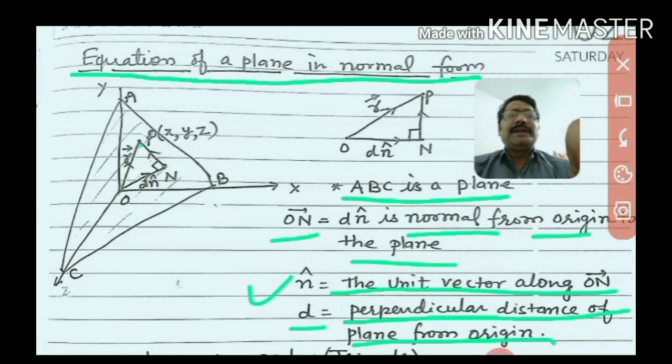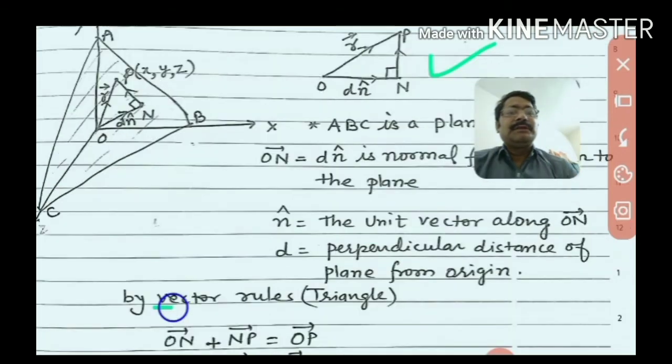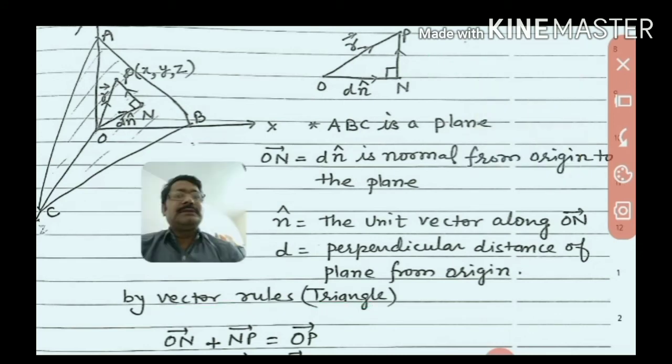Now look here, we take a point P on the plane. That general point we will take. This point P is x, y, z, and the vector OP is the r vector. Now we have to find the NP vector by the vector triangle rule. What we can write, look here, ON plus NP equal to OP.